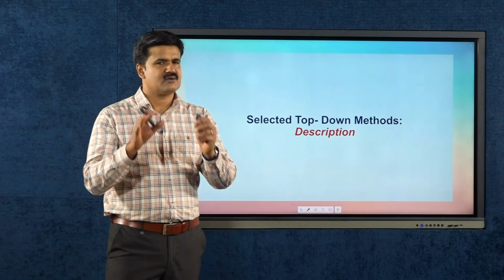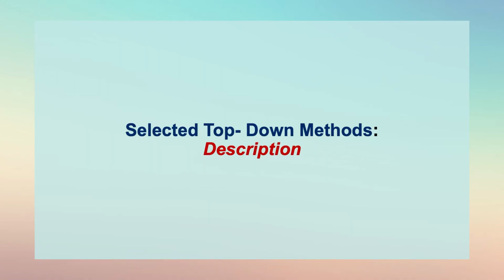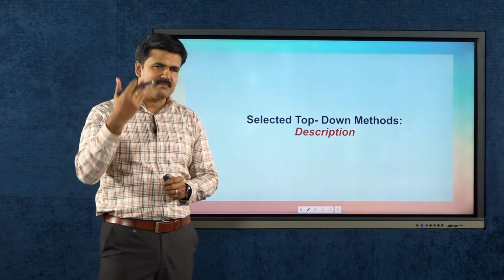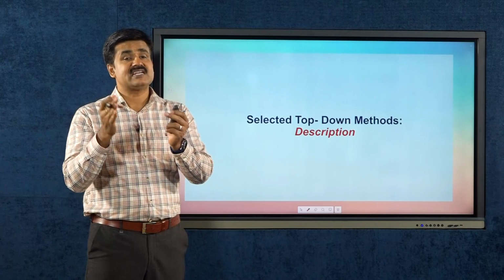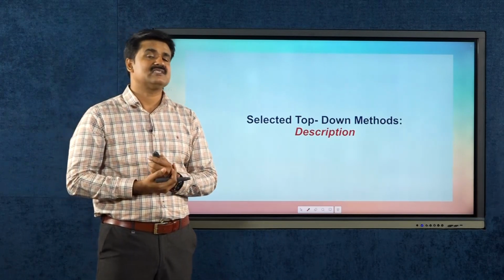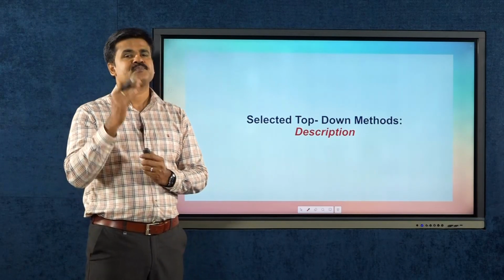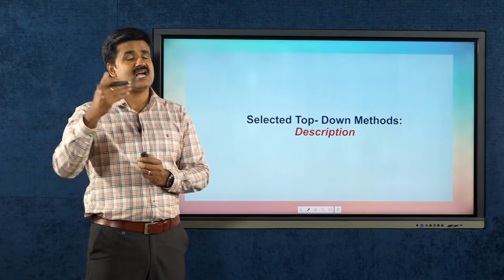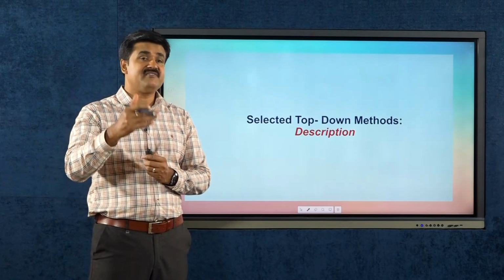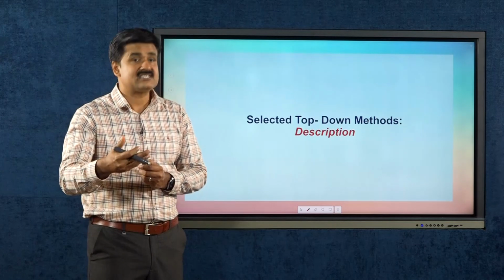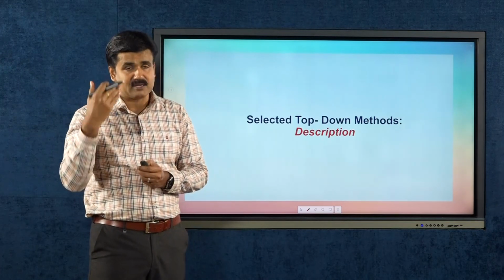Now, we are focusing on some selected top-down methods and their detailed description. So, we heard about two important synthetic approaches for the synthesis of nanomaterials. They are the top-down approach and the bottom-up approach. And we heard some selected topics under the top-down approach.